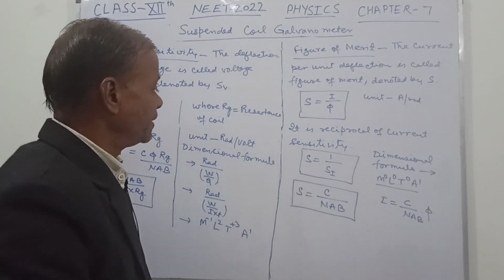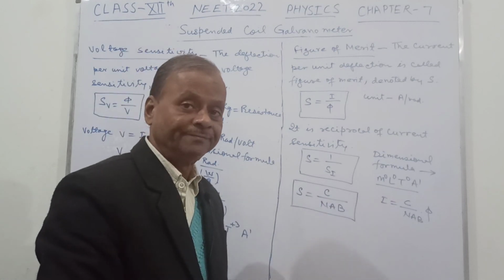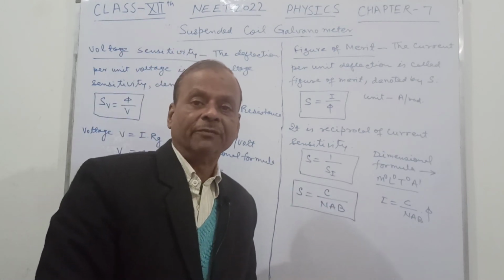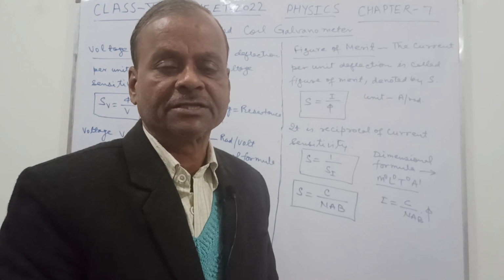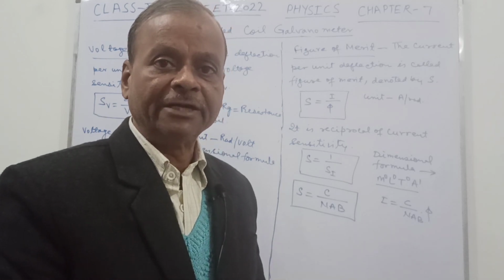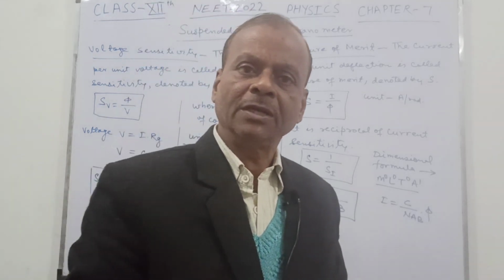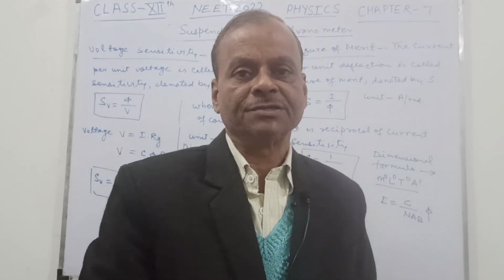So to increase the figure of merit, C must be large. But actually our aim is to measure the current by this galvanometer, so for that we must have a large value of current sensitivity.